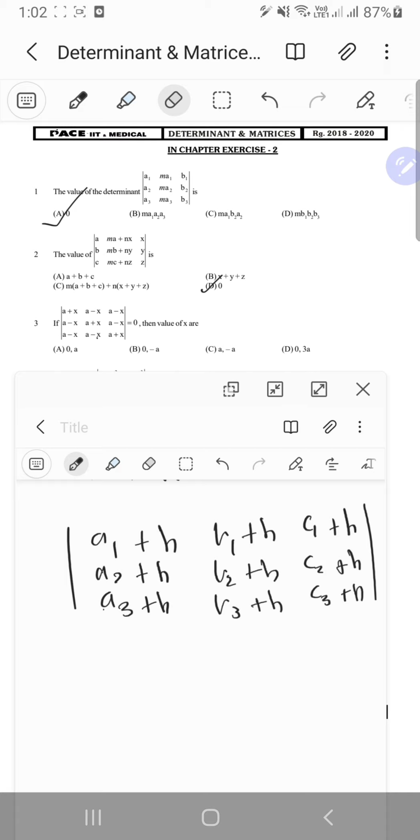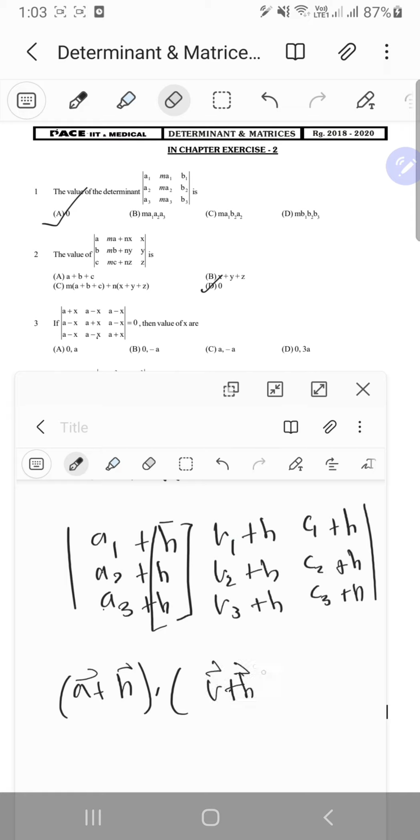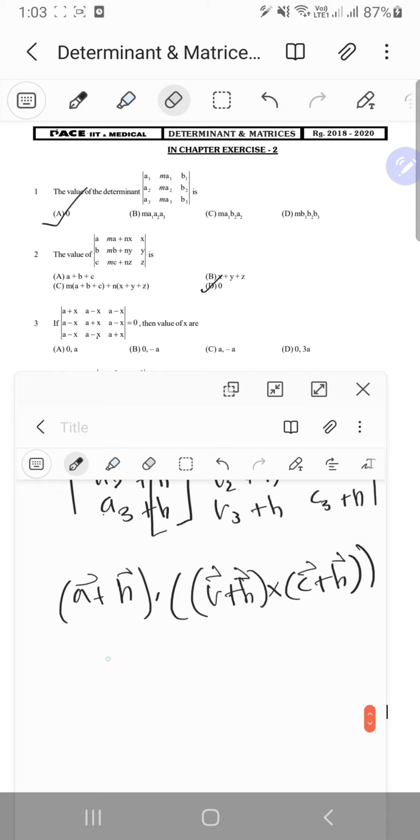So now how do you do this? Think of this like a vector, call this vector the h vector, dot a vector, sorry, b vector, plus h vector cross c vector plus h vector. Maybe that's better. So a dot, okay, a plus h.